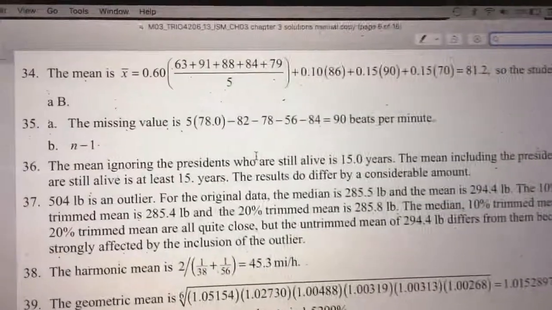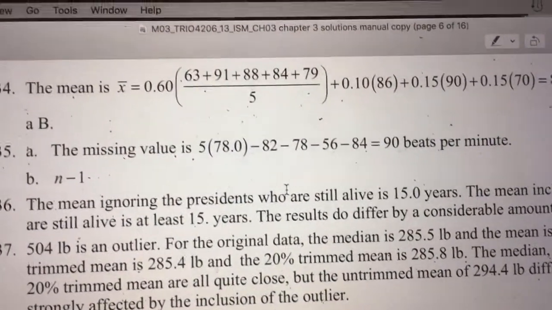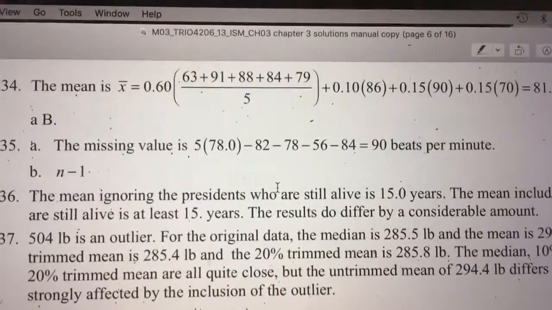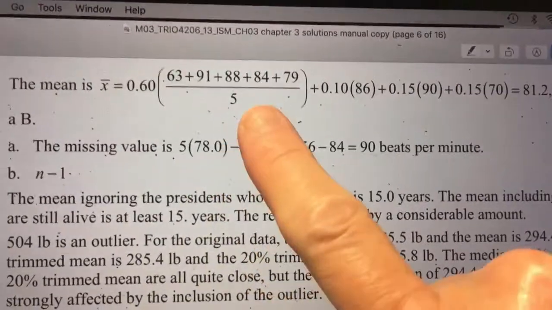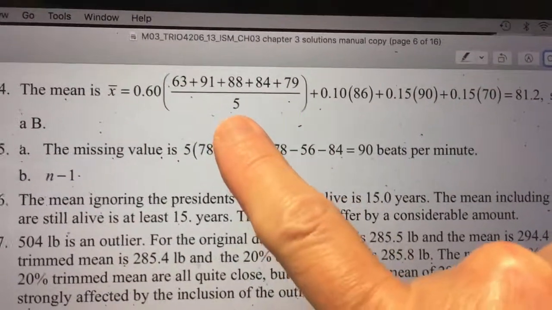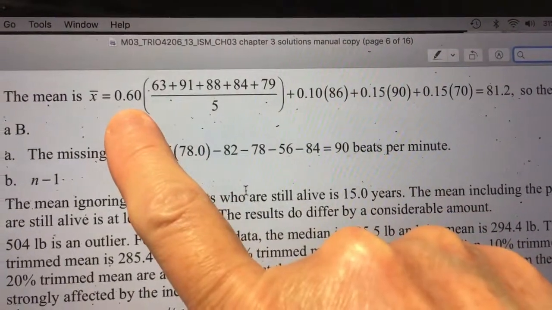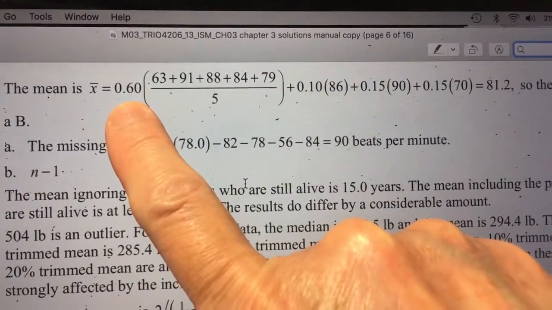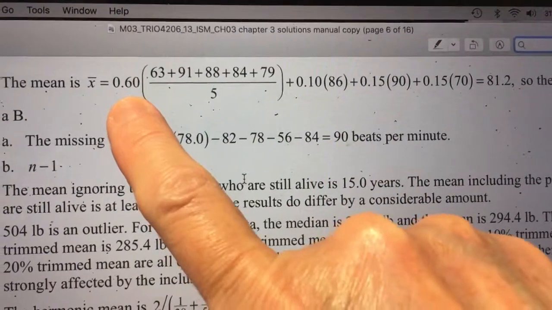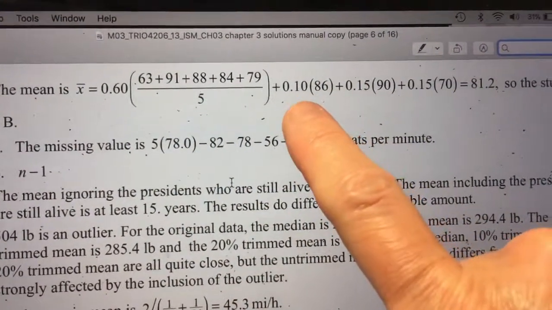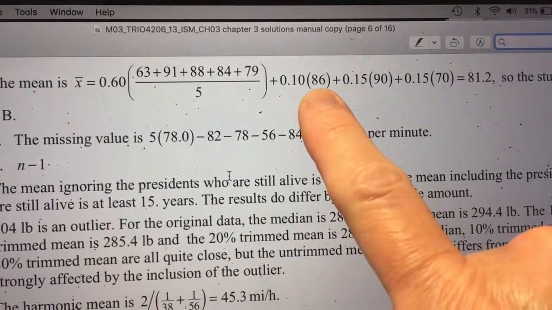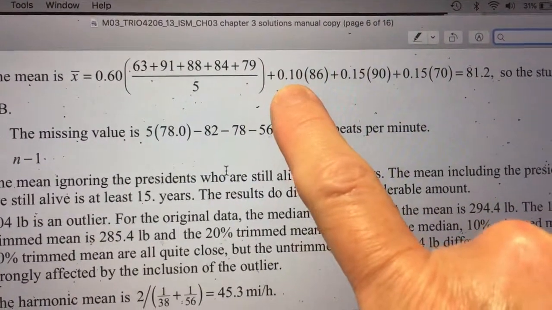At the very top of my computer screen, you see the calculation. We take all 5 tests, we add them up together, divide by 5, and that gives me my test average. Then I multiply it by the 60% or the 0.60 because that's what tests are worth. Then she got an 86 on her final, but her final was only worth 10%.